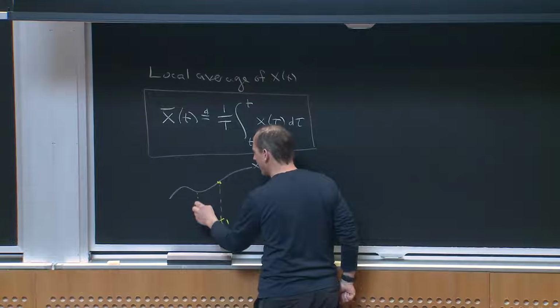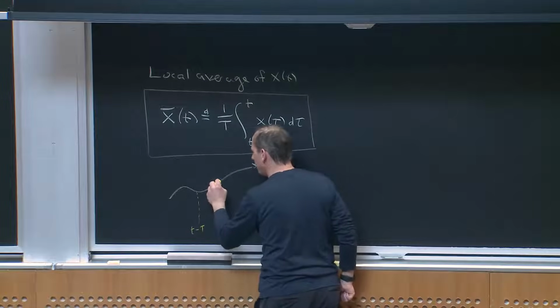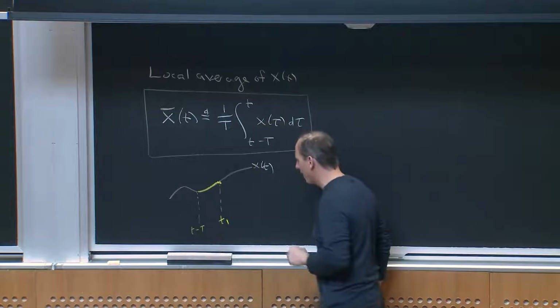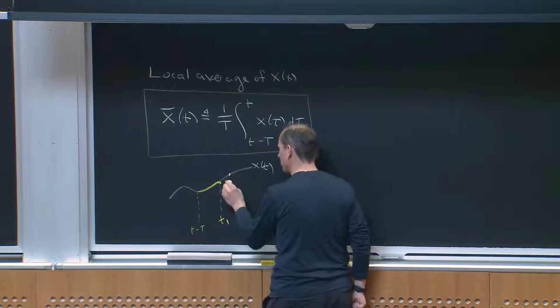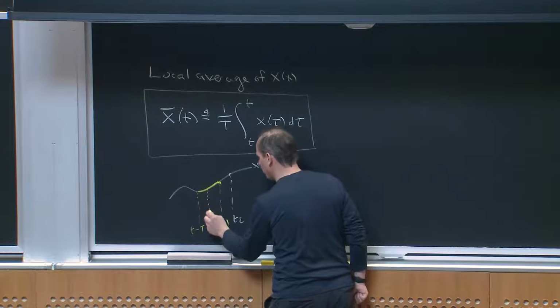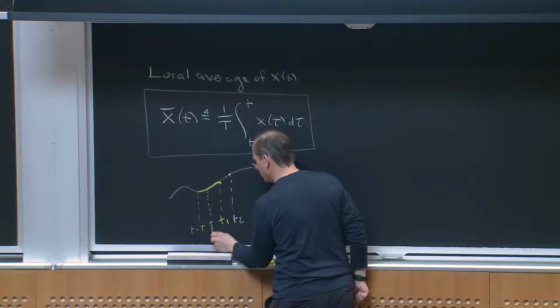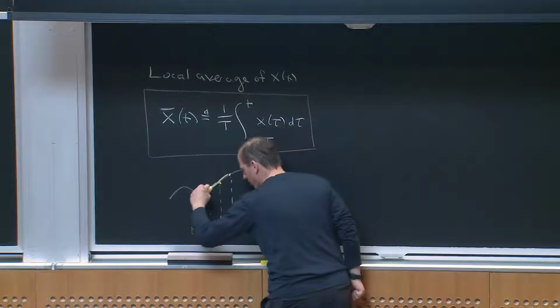Maybe I'd go back, and here's T1 minus capital T. Maybe I would take the average of this waveform over that time. And then if I'm at some other time, T2, I'd go back one cycle. And this is T2 minus capital T. And I'd look at the average over this time period, et cetera.